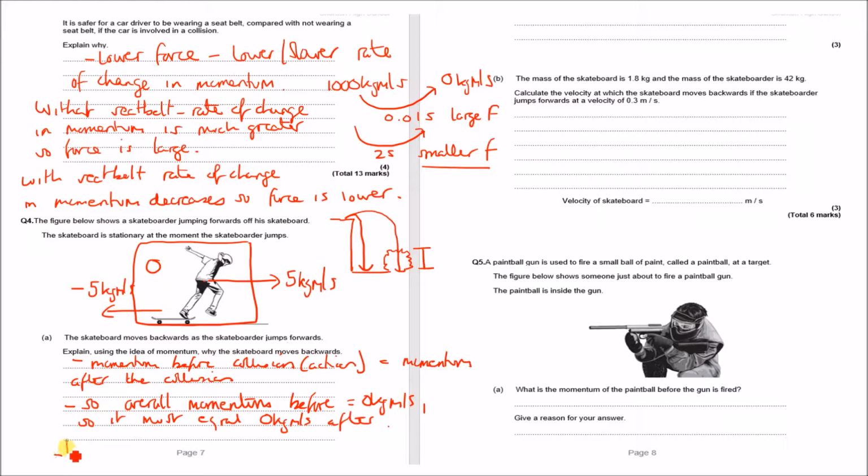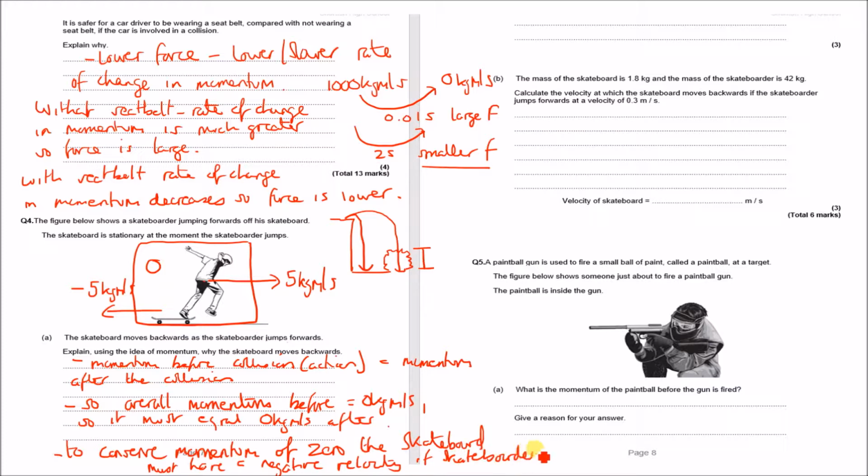So we're going to say to conserve momentum of 0, the skateboard must have a negative velocity if skateboarder has a positive velocity.